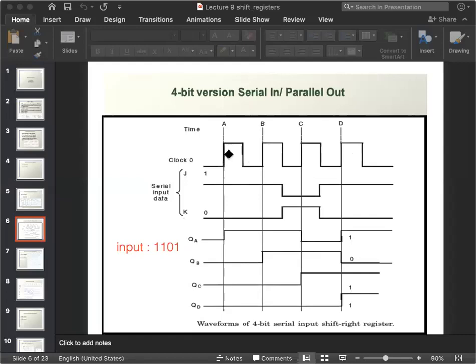The higher one will be 1 and the lower one will be 0. A full cycle must be within one clock cycle, meaning high and low together make one clock cycle, one high and one low makes one clock cycle. So this is my clock cycle. As I have a 4-bit input, there are 4 clock cycles given in the timing diagram, as my input is 1101.